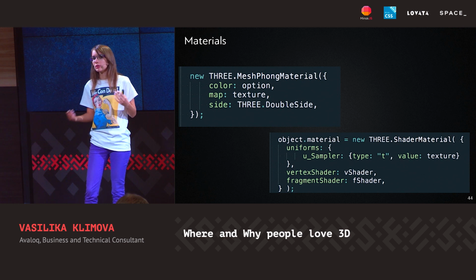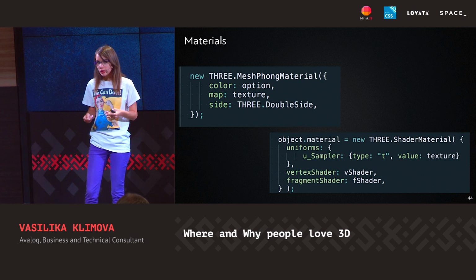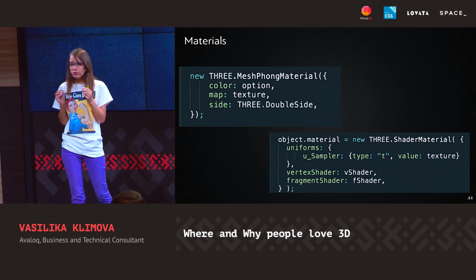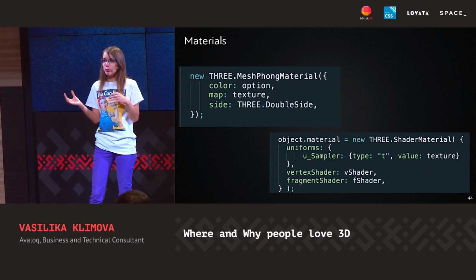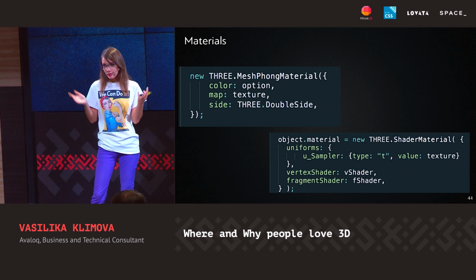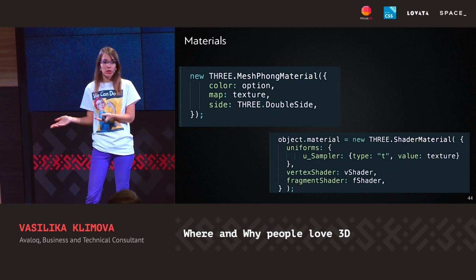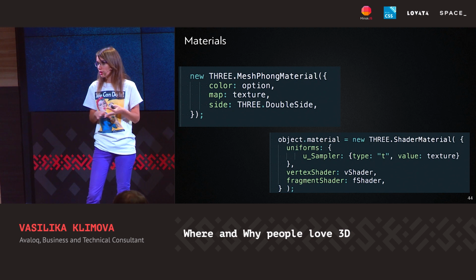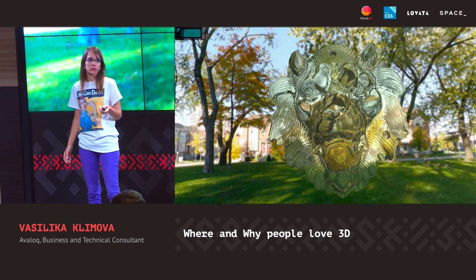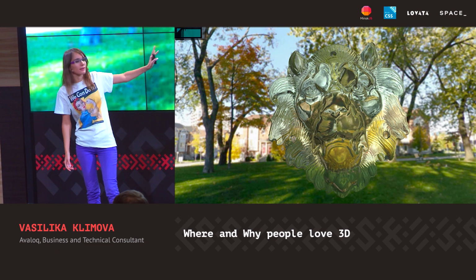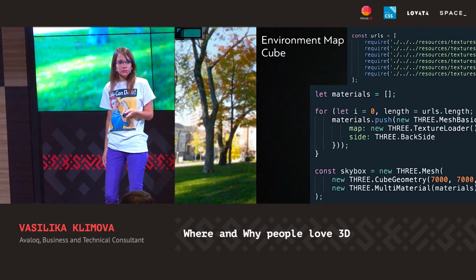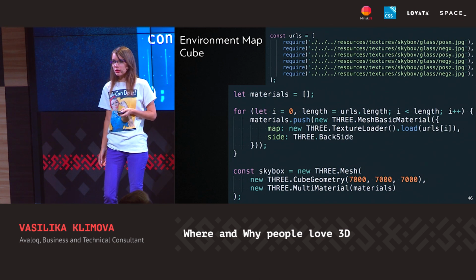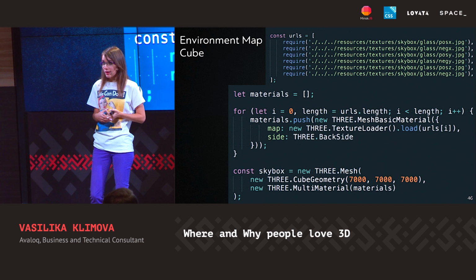Shader material is a little bit more complex because you need to write some shaders. If you want something very beautiful, not out of the box of the library, you can write anything in any shader and then just connect it to the shader material object, and that's all. It's not hard. This object, you see, is like a glass material. That's why it's transparent.